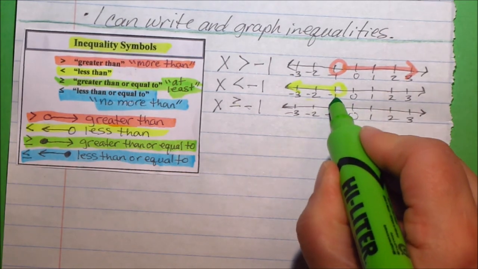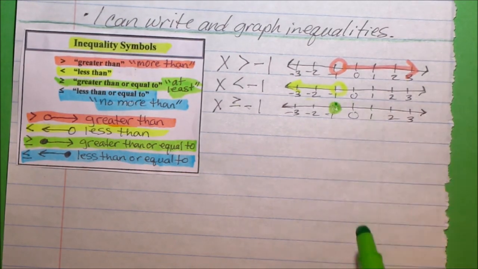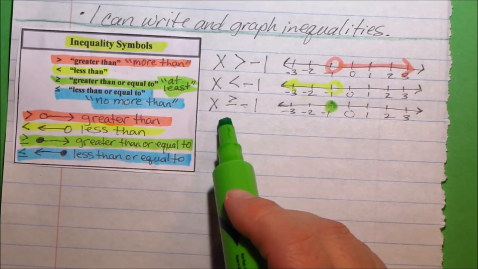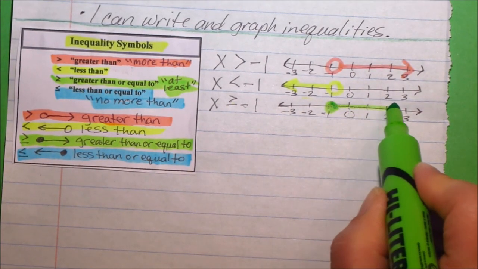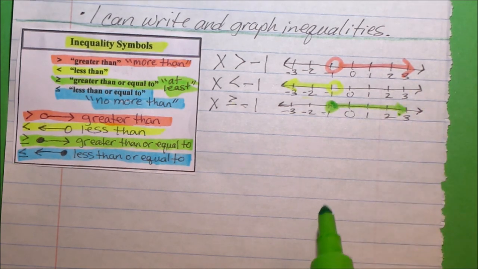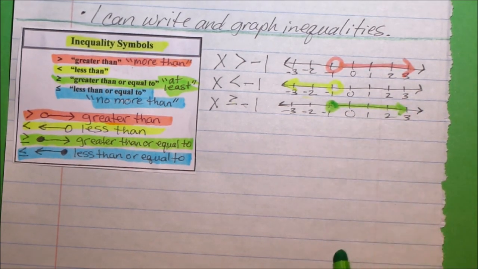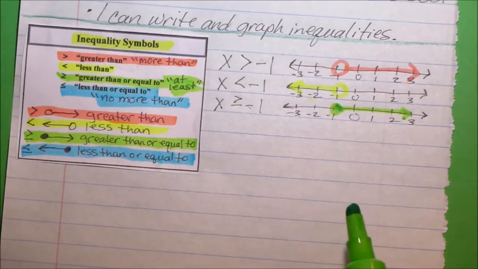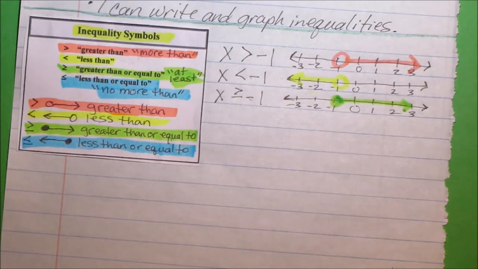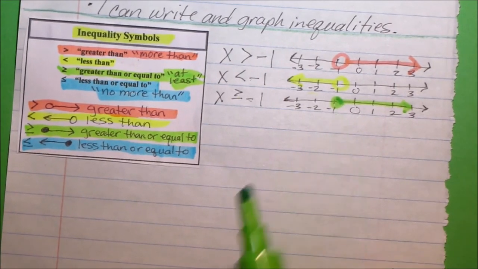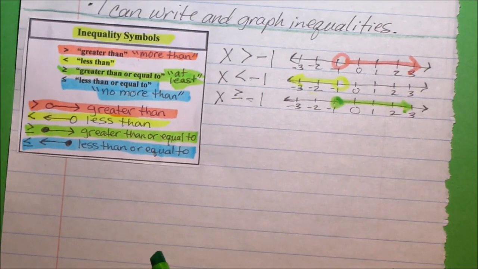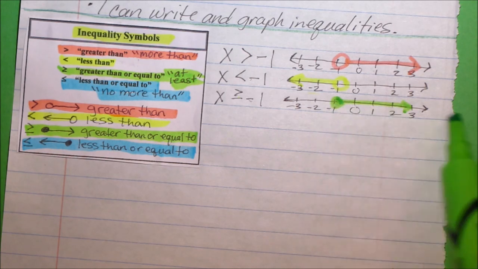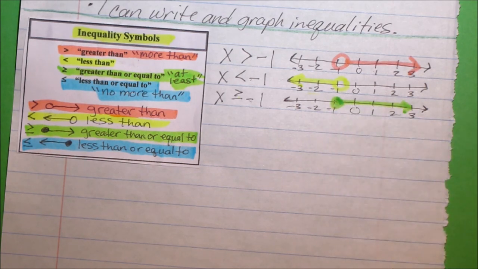So on this one, I'm going to fill in the dot on -1. My arrow here shows me that x can be anything that my arrow is showing, but it could also be equal to -1. So I fill in that dot to show that now we're including this number that we're graphing. So x can be -1, or it could be anything greater than -1.